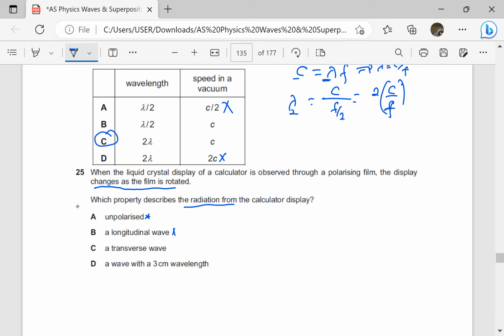Longitudinal, they are not longitudinal. Transverse, it is a transverse wave. Because the display changes as the film is rotated, it means the intensity passing through the polarizing filter is changing as the axis of transmission is changed. So that is the property of transverse waves.